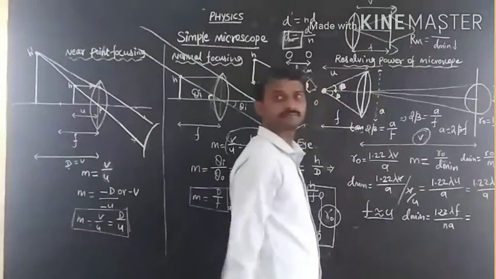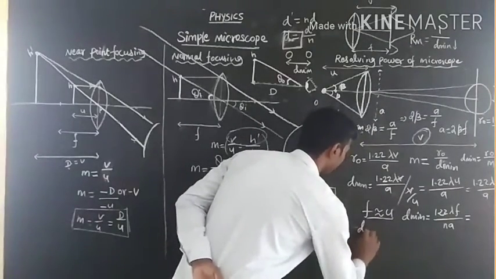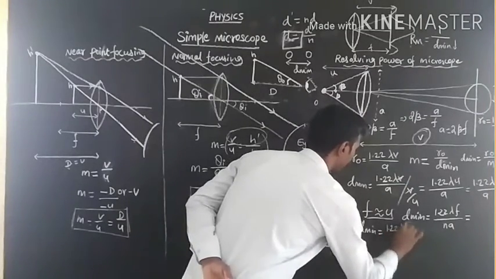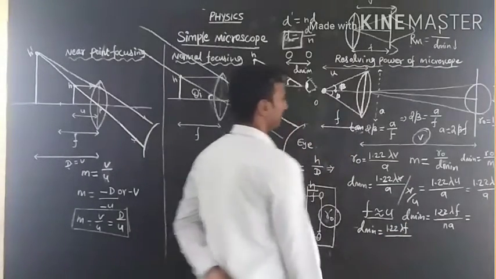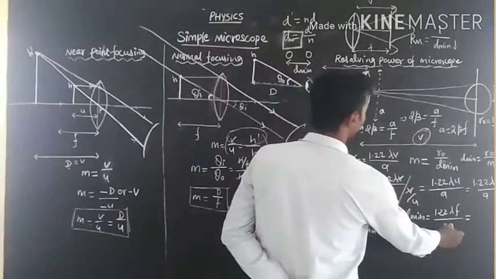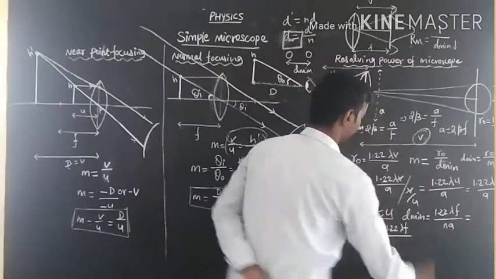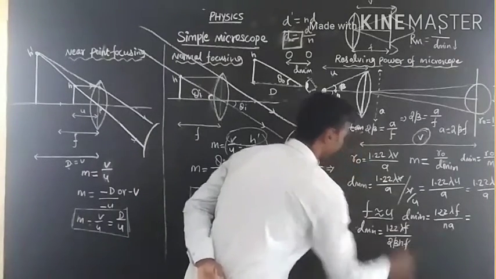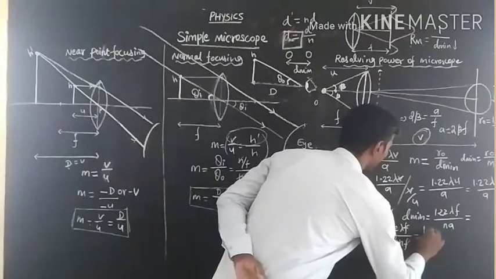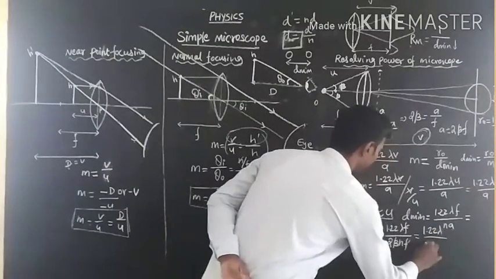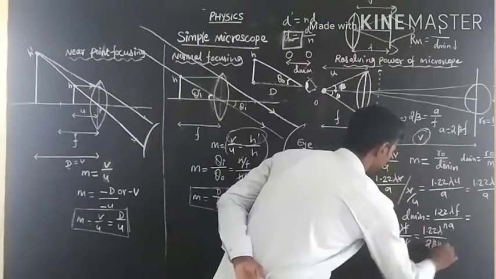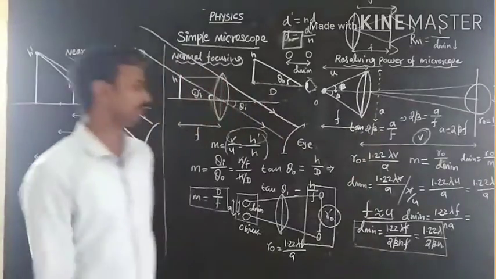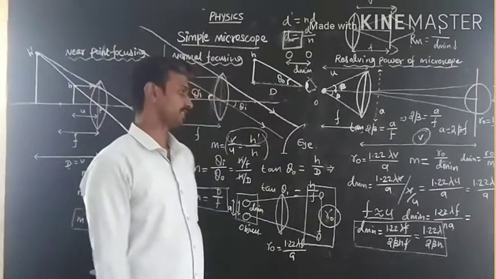We get d minimum is equal to 1.22 lambda f divided by n a, where a is equal to 2 beta f. So 2 beta n into f, f gets cancelled. Finally, we get 1.22 lambda divided by 2 beta n. So this is the value of the minimum distance between objects.